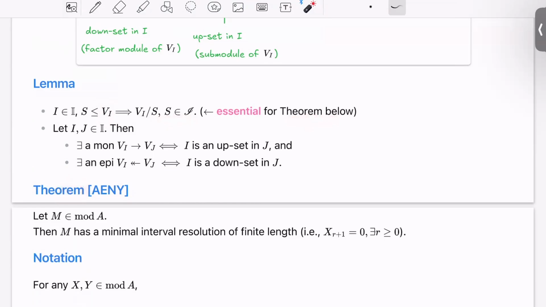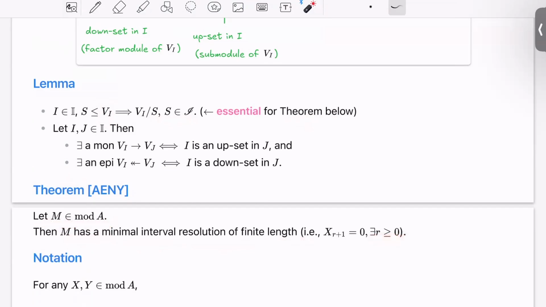First I will explain this. For any A module M, M has a minimal interval resolution of finite length, namely for some R, the term R plus 1 is 0.